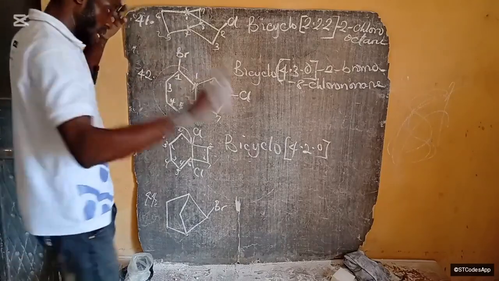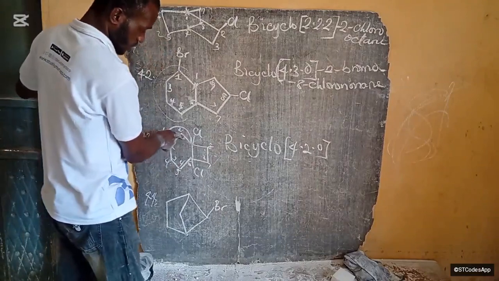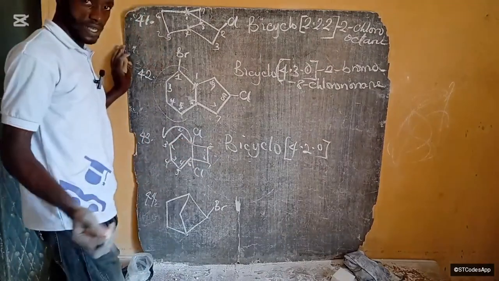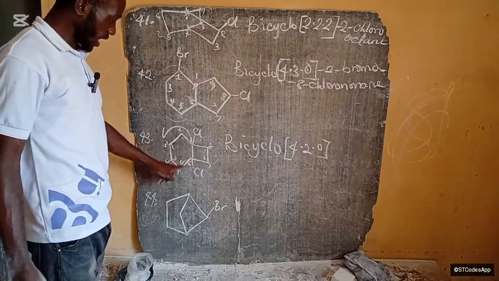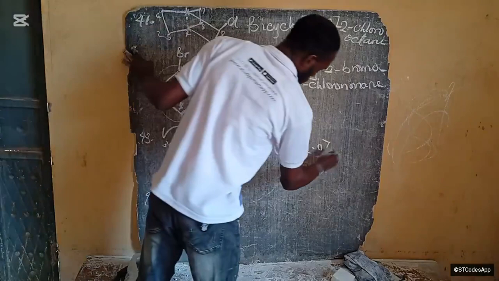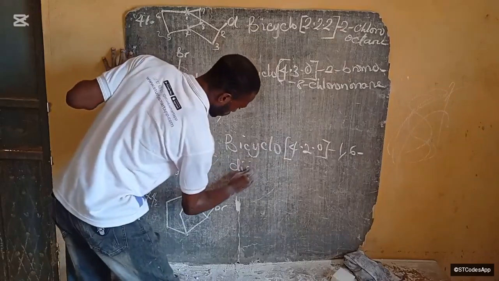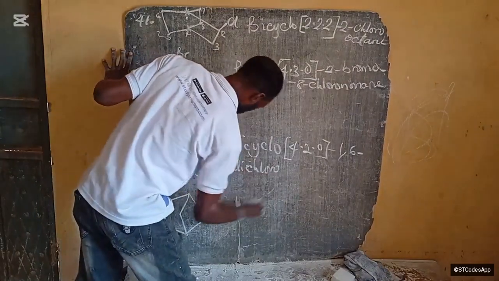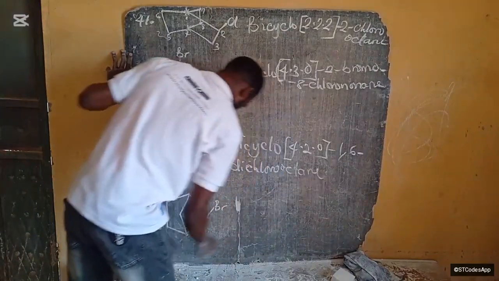Now we cannot go like this. We can't go 1, 2, 3, 4, 5, 6, but we can't skip to that. You know what I'm saying? So we have to go like this. So this is carbon 1 and carbon 6. So we have 1,6-dichloro bicyclo octane. Single bonds also.